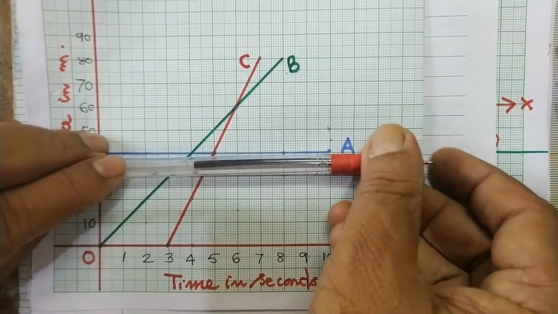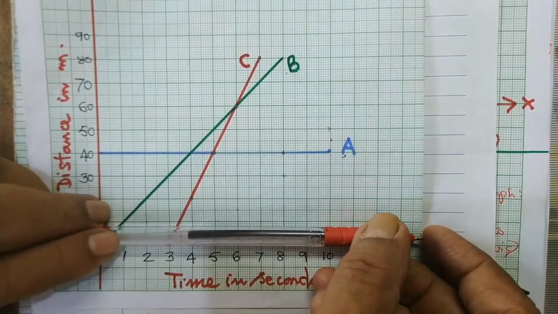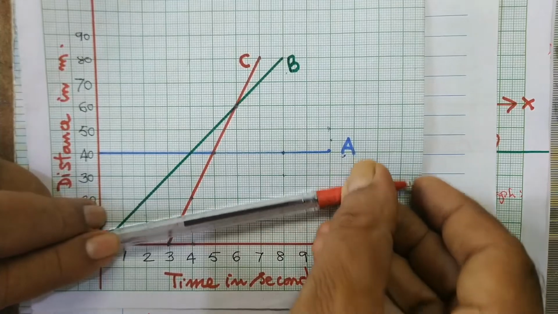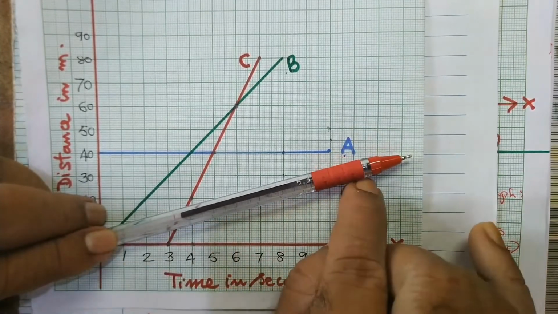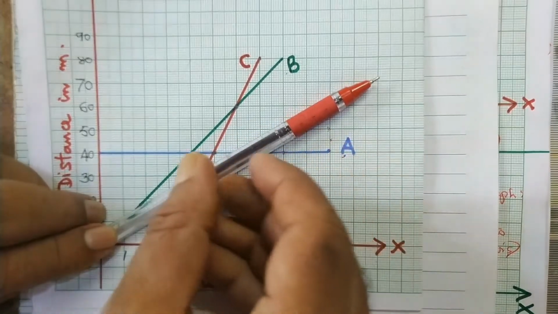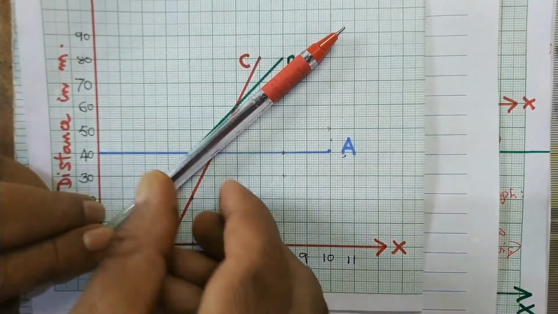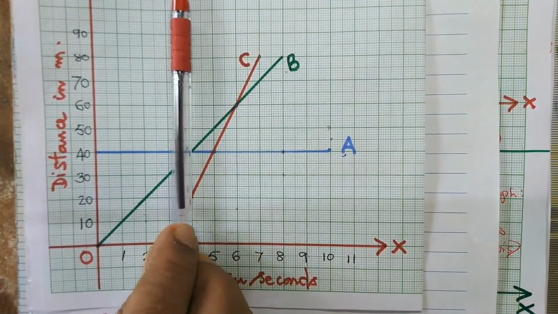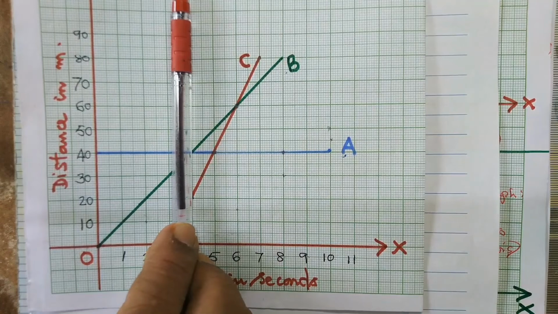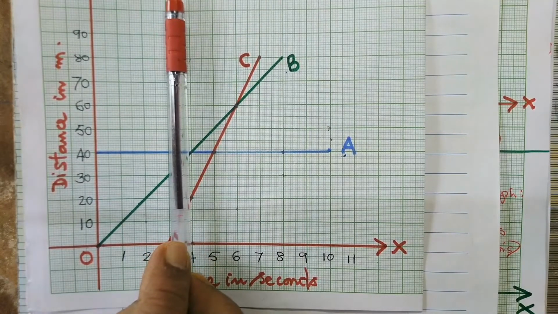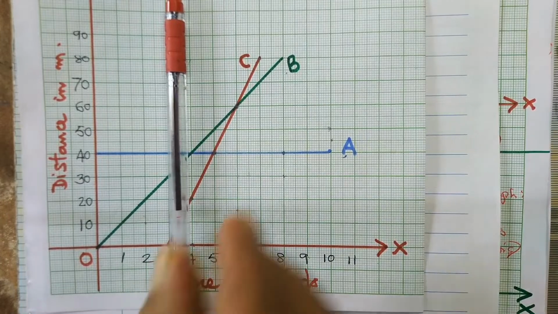If the line is like this, it is having some speed. If the line is like this, it is having more speed, some more speed, some more speed. If the graph line is exactly perpendicular to the x-axis, then we say that speed is infinity.